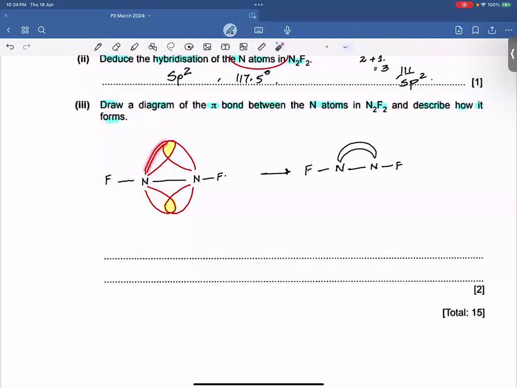So this entire thing will show a molecular orbital like this. This entire thing will show a molecular orbital like that. And just label it pi bond. So we have only one pi bond, all right? I hope it makes sense to you.